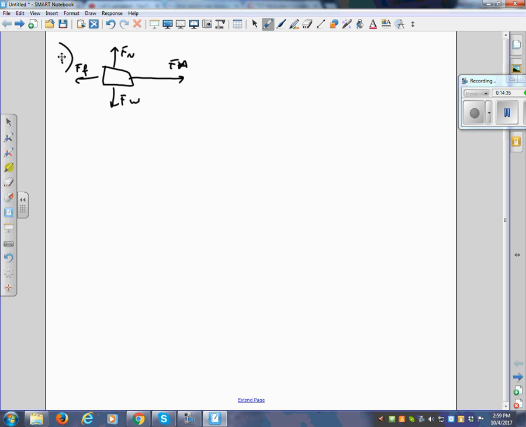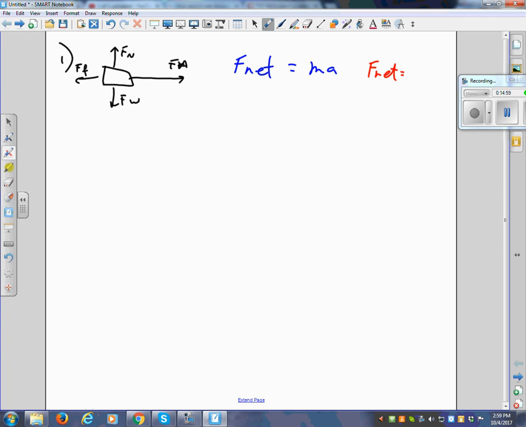Now, do you remember doing net force stuff, right? The F net, just watch for a second. Put your pencils down, just watch. F net is equal to ma, right?